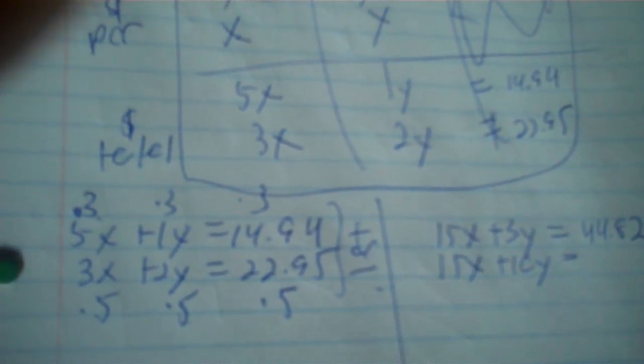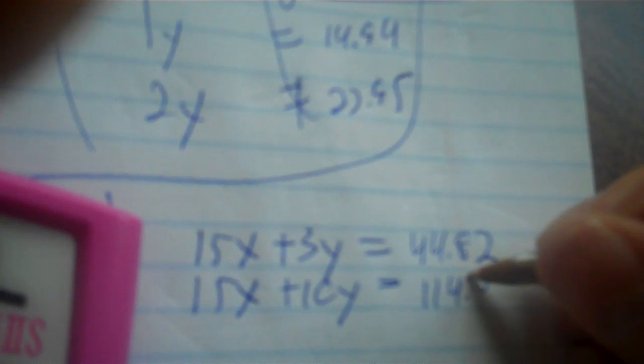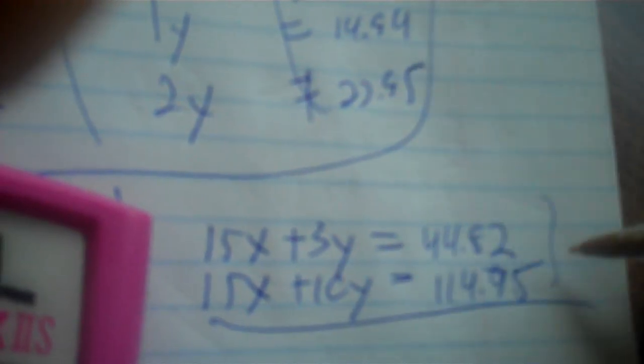In the bottom, 3x times 5 is 15x plus 10y. 2 times 5 is 10. Then 22.95 times 5 is 114.75. Okay, now do the plus minus. Now plus won't work. 15 plus 15 is 30 and 3 plus 10 is 13. But minus gets rid of these.